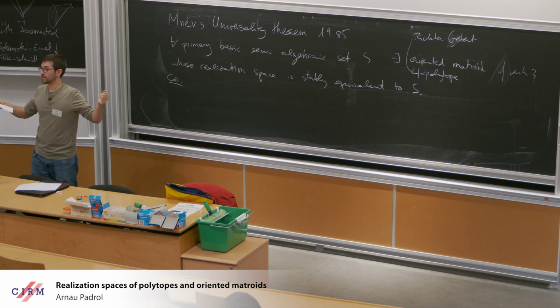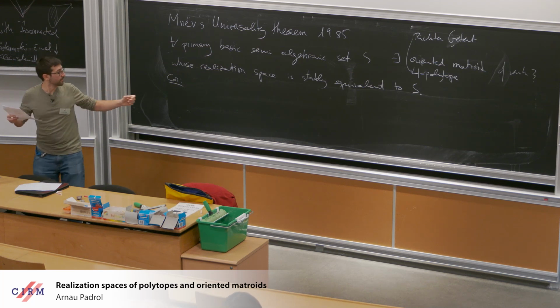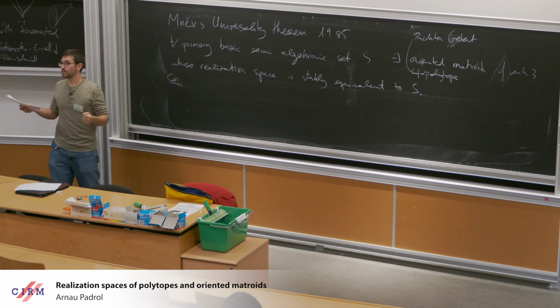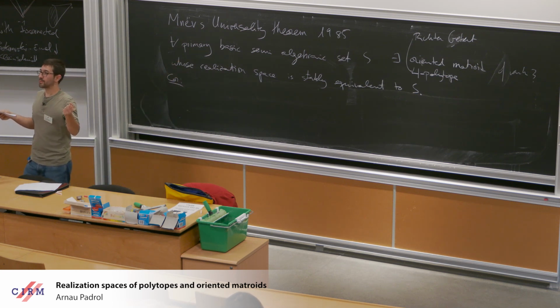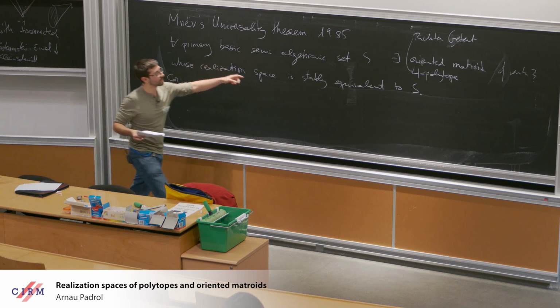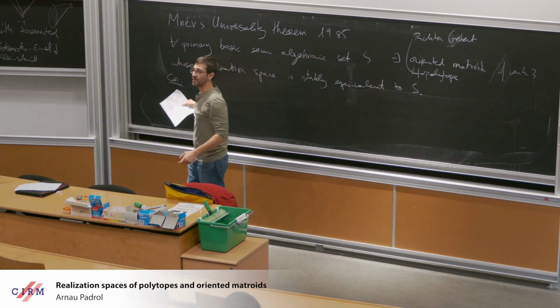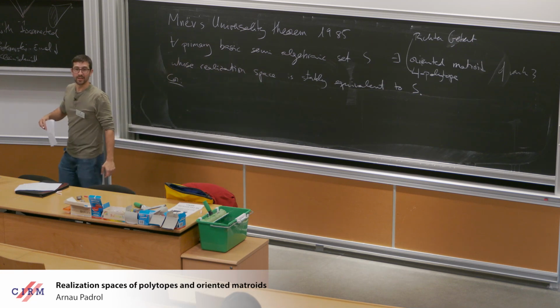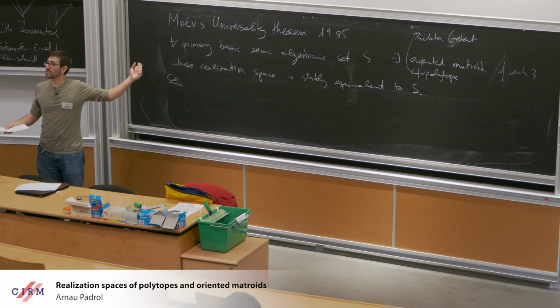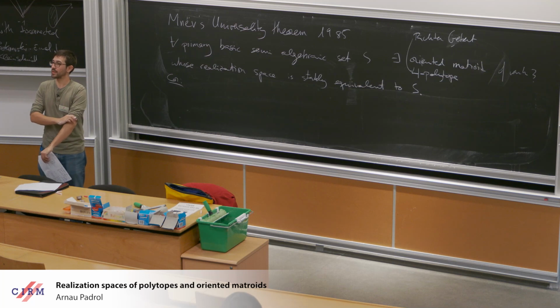So I have some equations and I need to solve them, and this is a hard problem. But if realizing polytopes was easy, I would take my hard equations, turn them into a polytope, then ask my machine that tells me whether this polytope is realizable or not. And if the polytope is realizable, then the original system of equations had a solution.